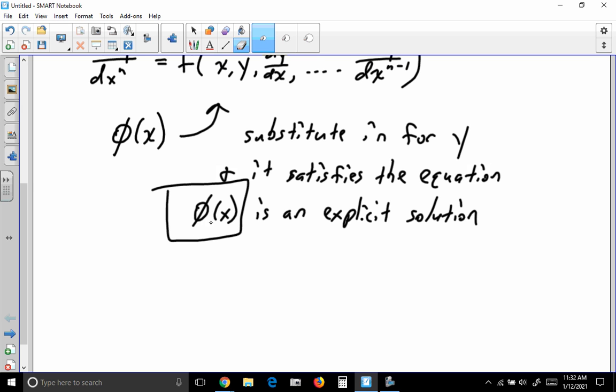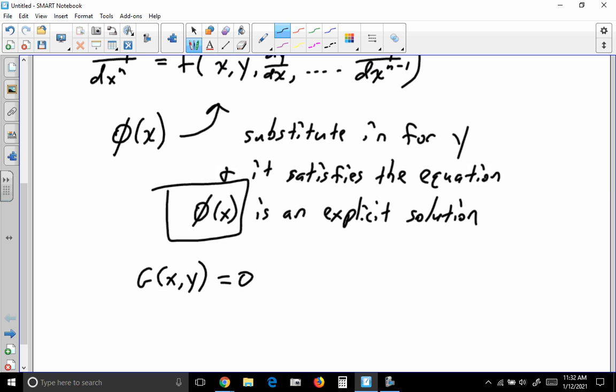Sometimes we're not able to come up with a function that is merely of our independent variable. Sometimes we have something that is a mixture of our independent and dependent variables.